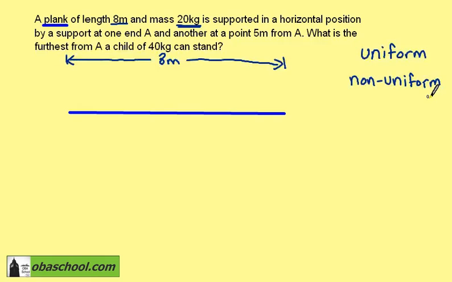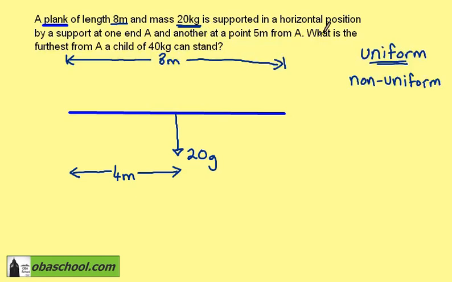To draw this diagram, I'm going to assume that it is a uniform rod, and therefore the weight will act at the center of the rod. The weight, remember, will be the mass times gravity. Since it's at the center, it would be 4 meters from the end.